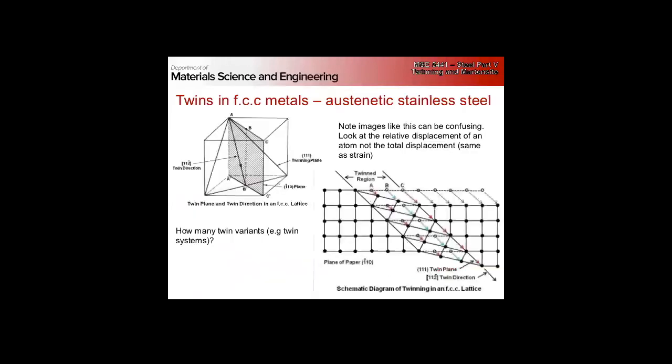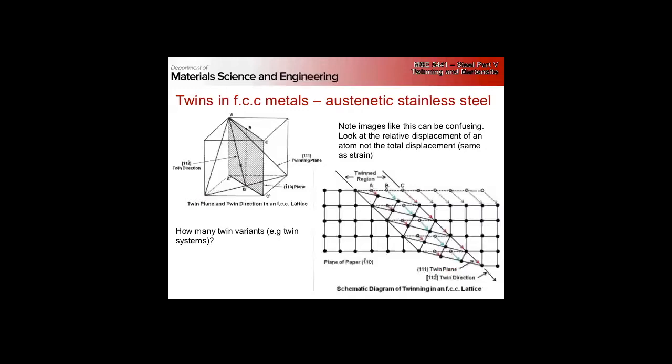So if we take a look specifically at FCC, right? So this is the types of twins that are commonly seen in austenitic stainless steels. What we're going to see with TWIP steels, right?